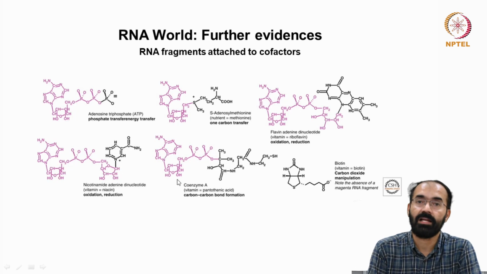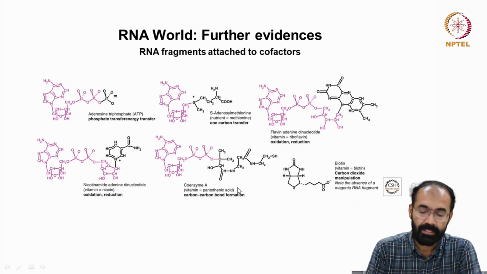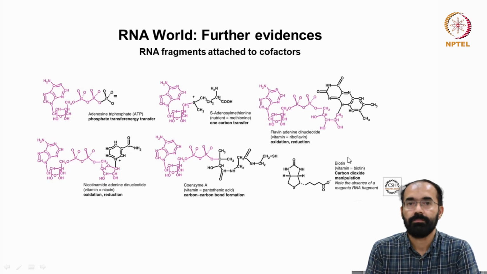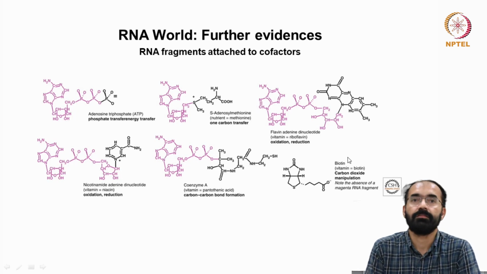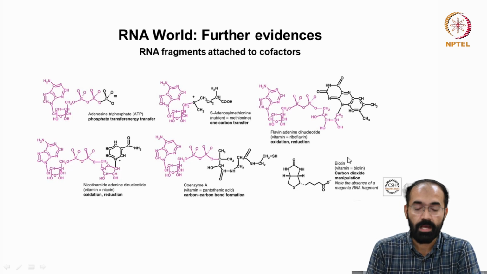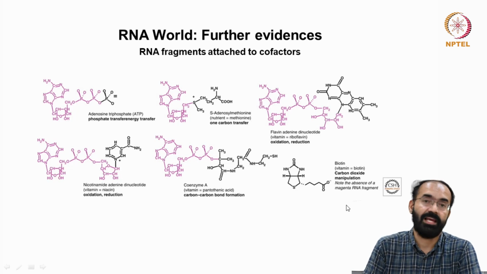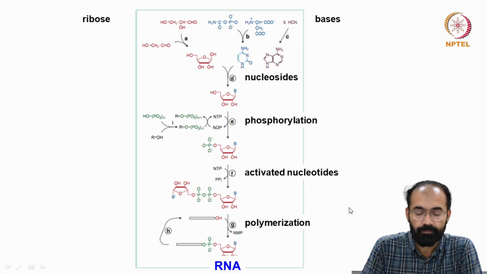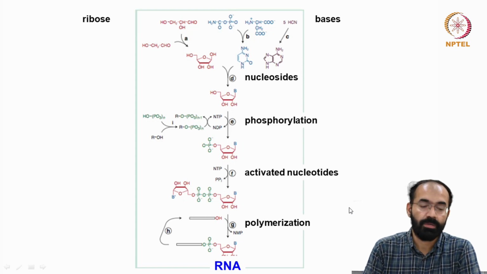Then you have the classic coenzyme A, and then biotin. These are all molecules we call vitamins, but they are all part of the RNA world, staying back even today in modern life forms, including humans.